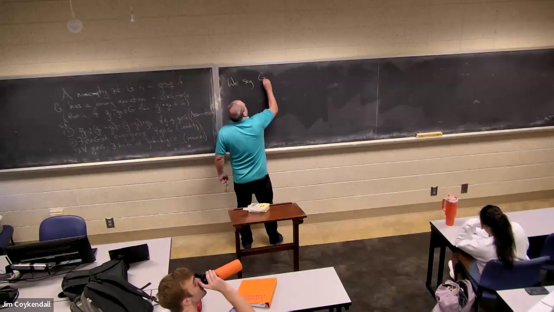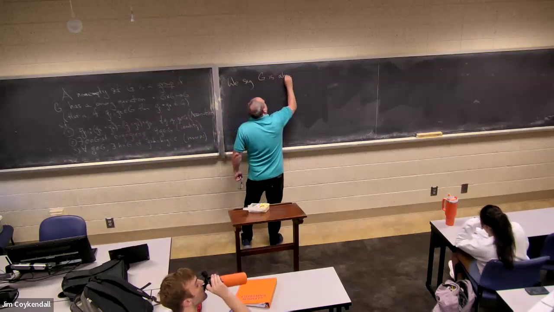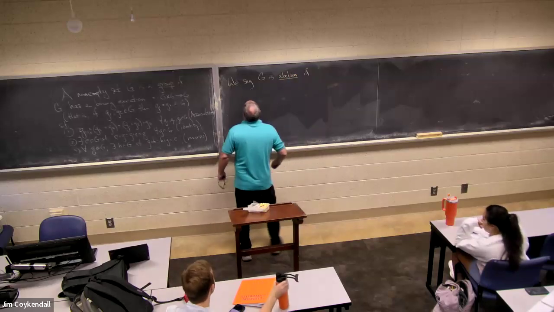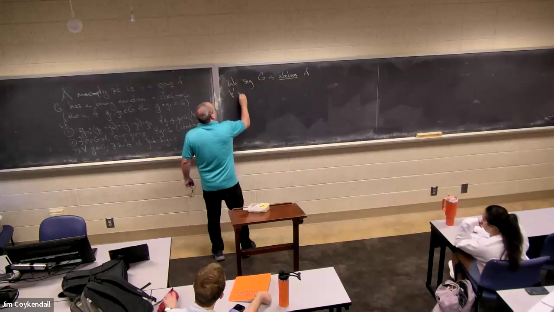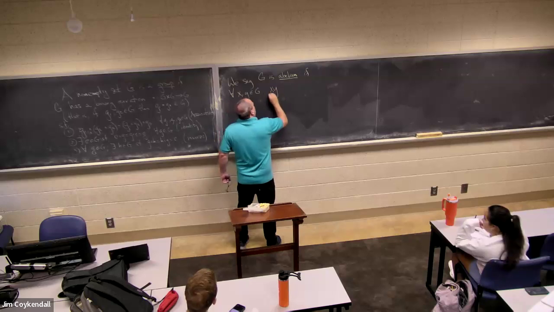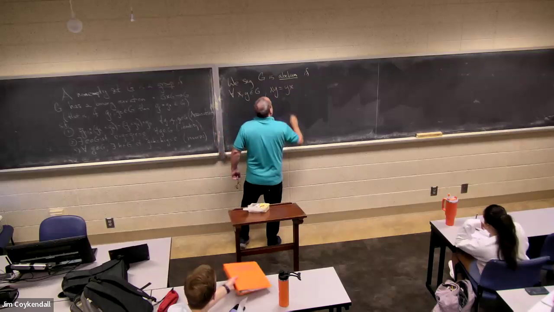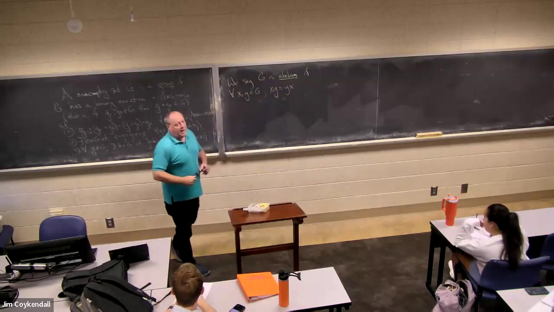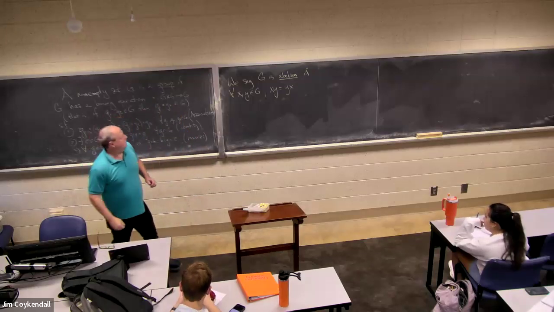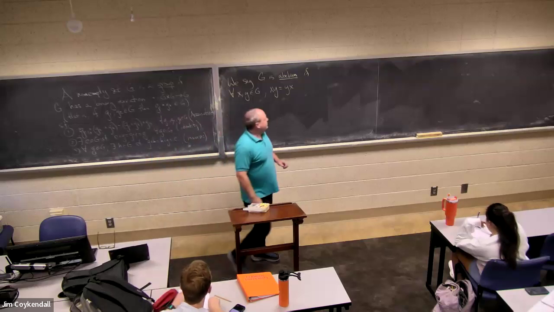We say G is abelian if for all x, y in G, xy = yx. In other words, it doesn't matter what order you put things together, you get the same result.